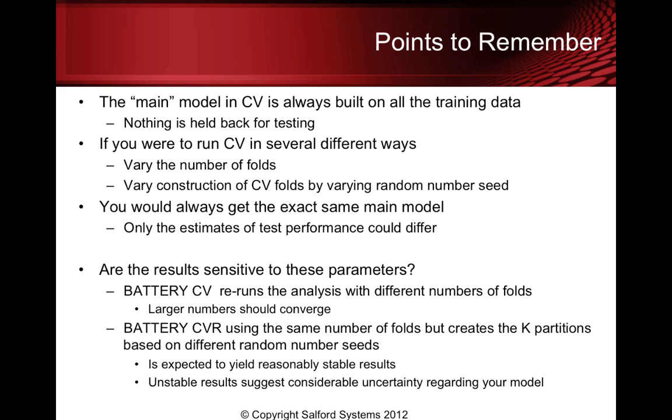The battery CVR uses the same number of folds in each replication, but creates the K partitions based on different random number seeds. This is expected to yield reasonably stable results, but you never know. Unstable results suggest considerable uncertainty regarding your model, and if the results are sufficiently unstable, you might consider trying to find ways to revise and refine your model to see if you can get those results more stable.